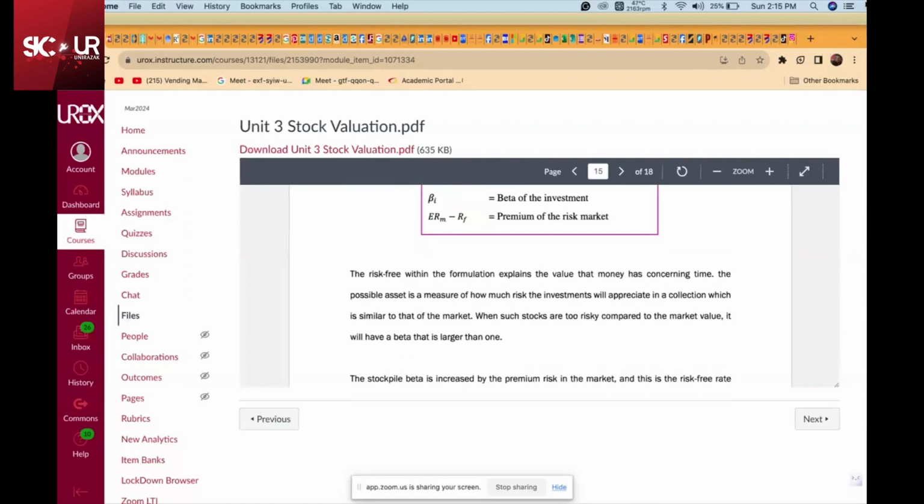The risk-free rate within the formulation explains the value that money has concerning time. The beta is a measure of how much risk the investment will add.